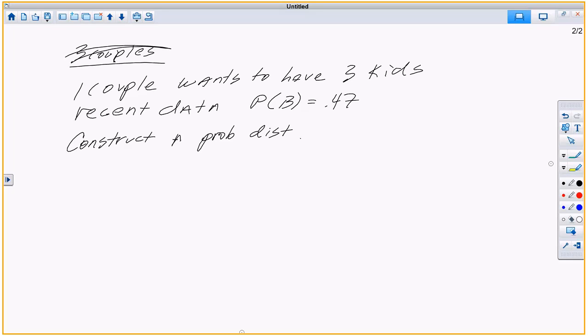Now, I'm not going to ask you how many people know how to do it because I probably guess more than half of you probably don't know how to do it. Anybody have any idea? Well, first you got to do your sample space first. 3 kids. Start with boy, boy, boy. End with girl, girl, girl.